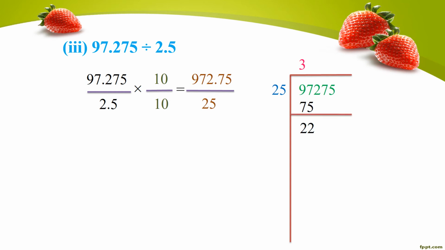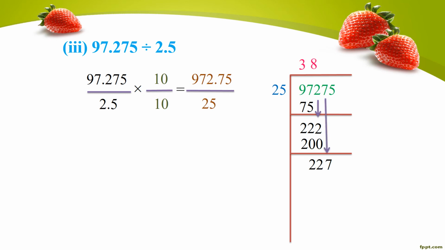On subtracting, we get 22. Now bring down the 2 which is next to 97. On doing so, the number is 222. Now how many 25s will be in 222? Yes, 8. 25 8s are 200. On subtracting, we get 22.